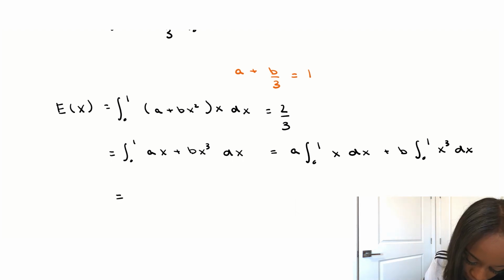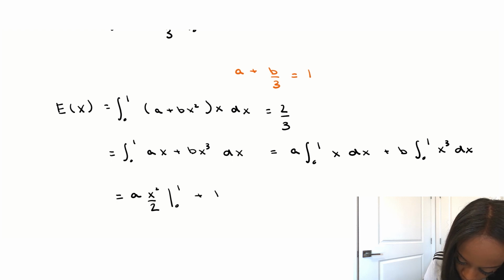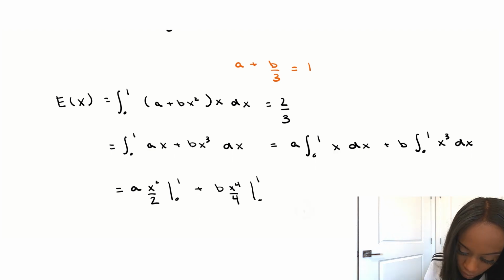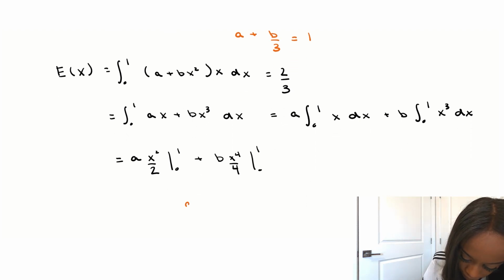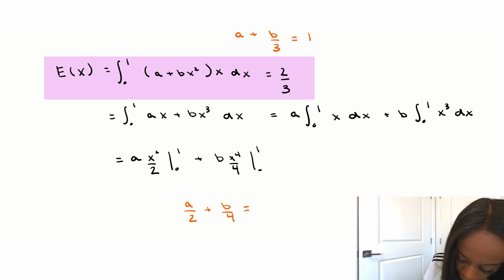Integrating, we get a times the integral of x, which equals x squared over 2 from 0 to 1, plus b times the integral of x cubed, which equals x raised to 4, over 4 from 0 to 1. Plugging in our bounds, we get a over 2 plus b over 4. And initially, this integral was set equal to 2 over 3.